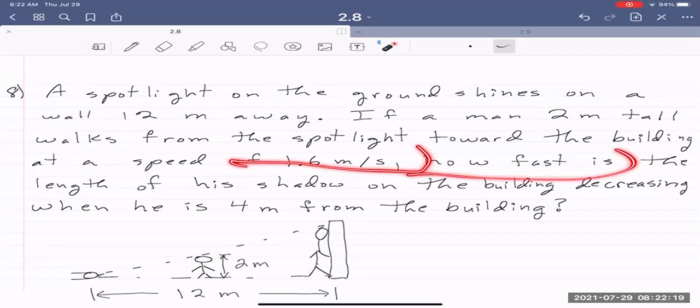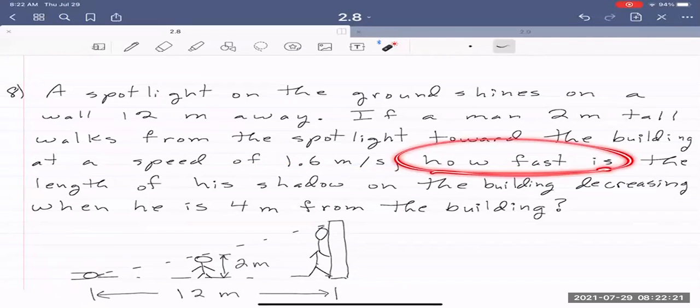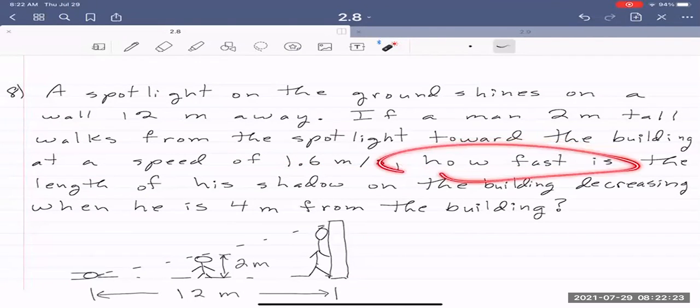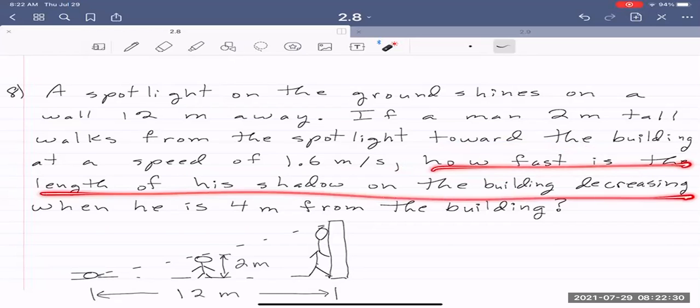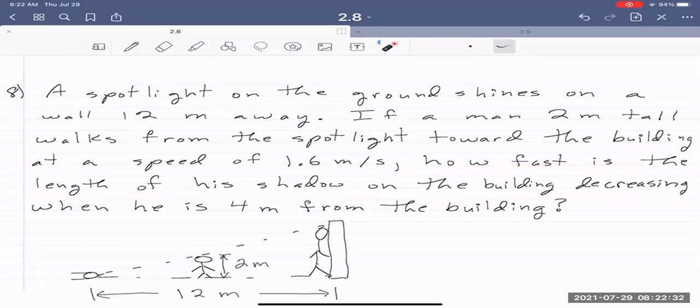And here they're asking: how fast is this length here decreasing? So we want to figure out how fast the height of the shadow is decreasing.